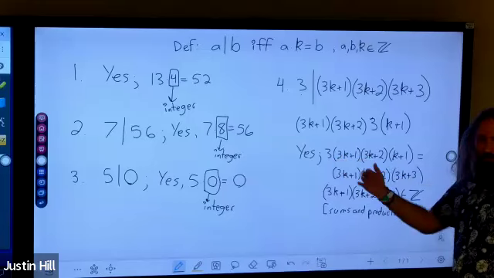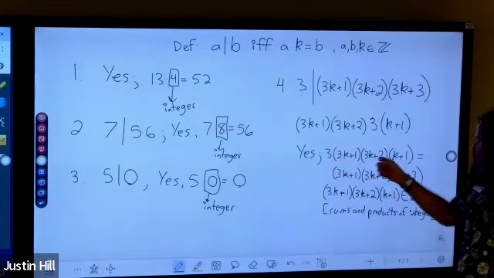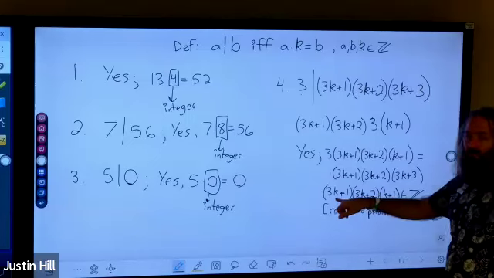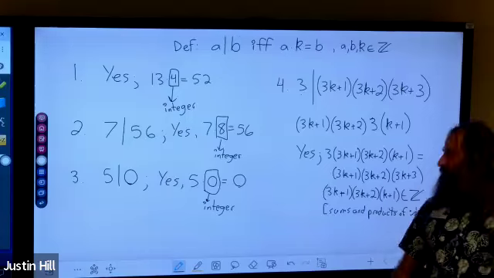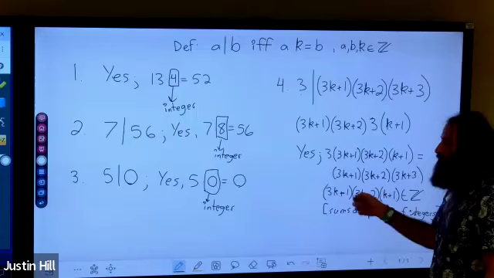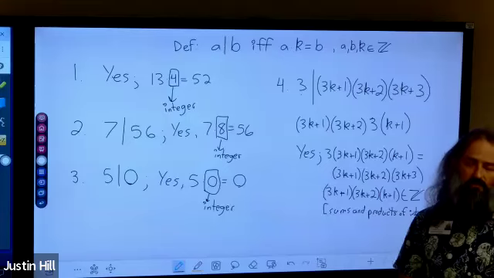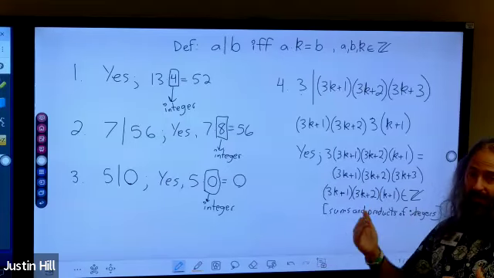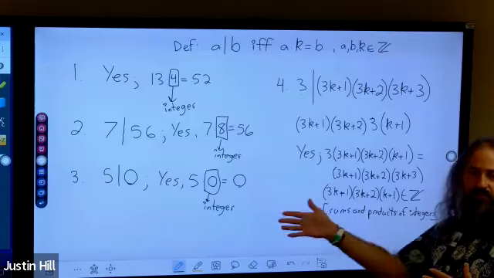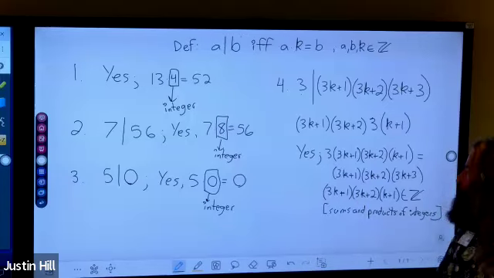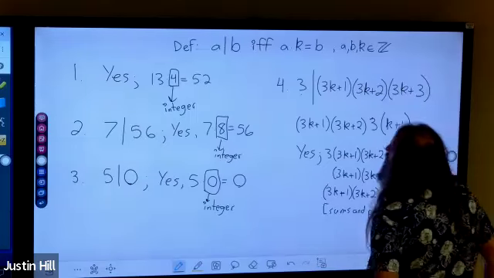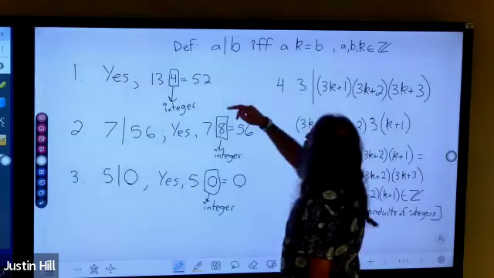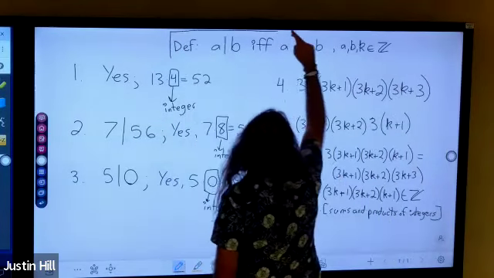I'm going to show the reader, just make the observation that 3 times that equals my B. And then I'm going to have a separate line that says, hey, these are integers and their products are integers because of sums and products of integers. And then we might say at the end, therefore, 3 divides this thing. So this is the key. This is what we'll be working with all day today.